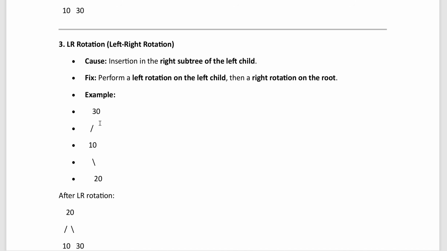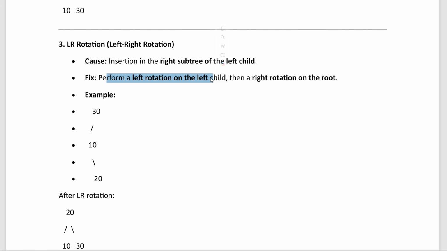As you can see here, the height of the left subtree is 2. 2 minus 0 is +2. So again, the balance factor violates the property of AVL tree. Imbalance occurs because the balance factor should never be less than -1 and should never be greater than +1. So imbalance again occurs in this case also.